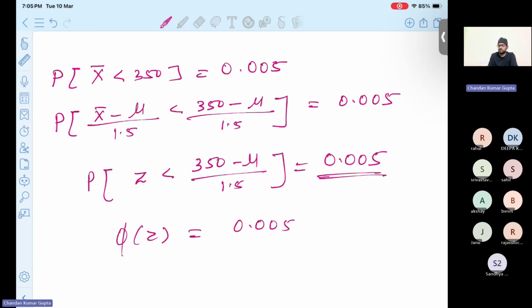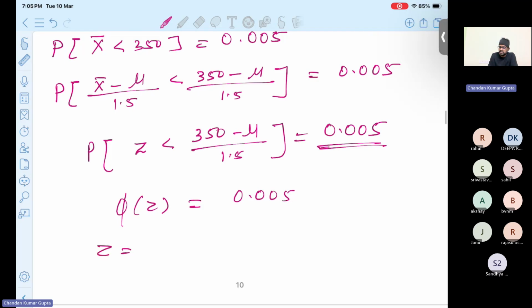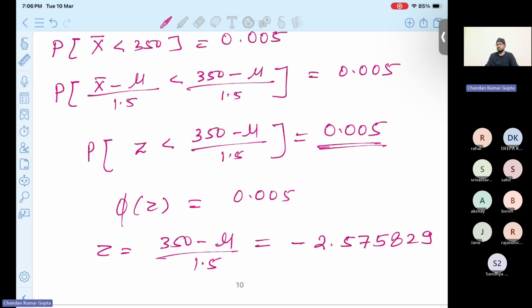So the value of z is what? The value of z here is 350 minus mu upon 1.5. And when you see in the table, you may find that this z value is approximately equal to minus 2.575829.